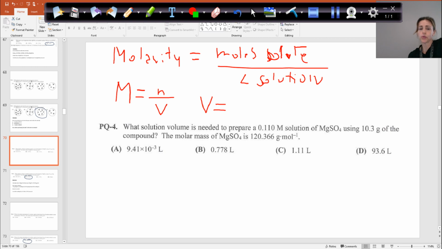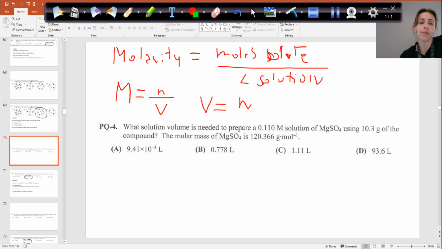So what solution volume is needed to prepare 1.10 molar solution of magnesium sulfate using 10.3 grams of the compound? So you're going to find the volume, right? So volume is equal to, from this formula, moles. How do I solve for volume?